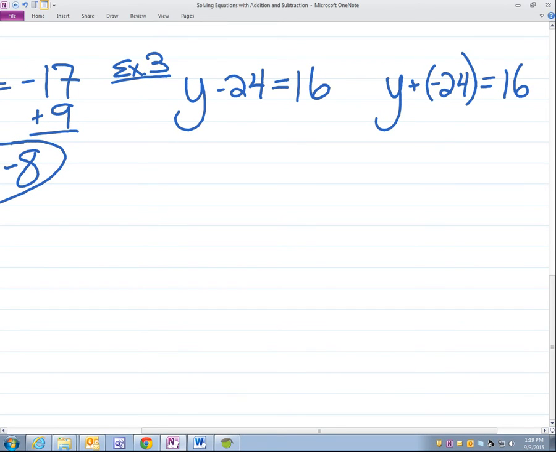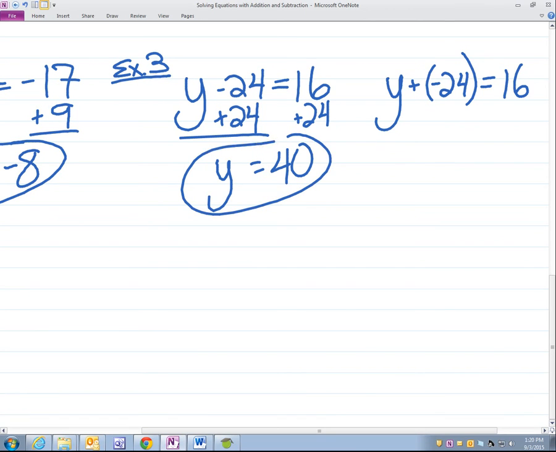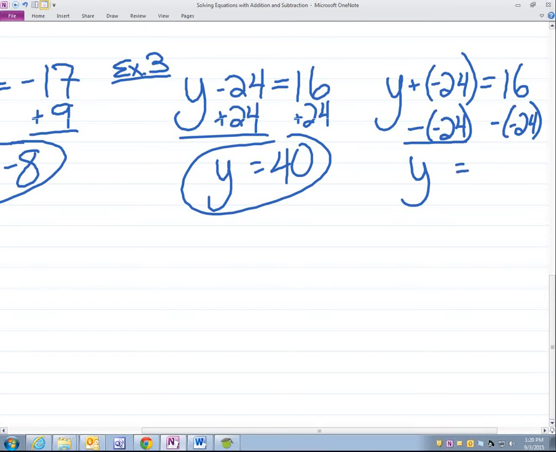And on this side, we're just going to be adding 24 to get the inverse. So we just have y equals plus 24, which is going to be 40. Then this way, we are going to subtract a negative 24, which just becomes addition. So it's y equals 40.